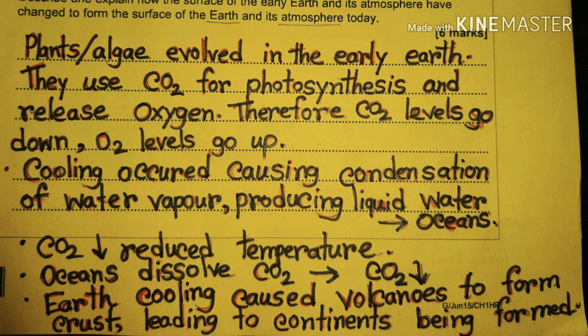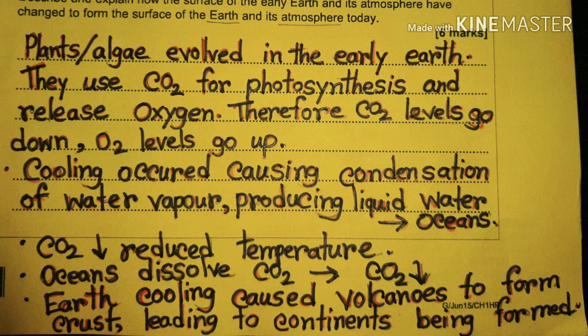So obviously plants or algae evolved in the early earth. They use carbon dioxide for photosynthesis and release oxygen, and therefore carbon dioxide levels go down and oxygen levels go up. Cooling occurred, causing condensation of water vapor and producing liquid water, that is ocean.